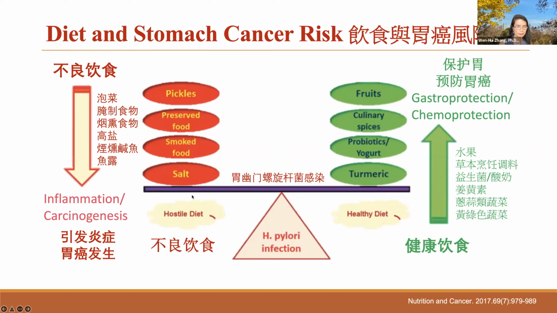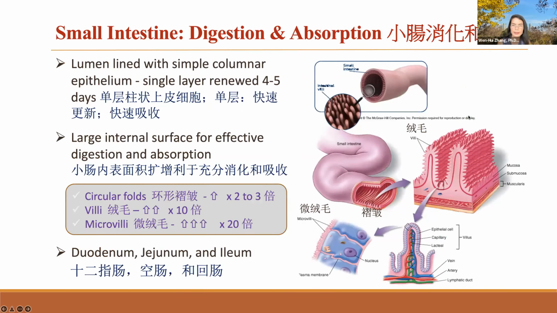They could increase the risk of inflammation and carcinogenesis, so increase the risk of stomach cancer. But when we adopt a healthy diet that includes fresh fruits and vegetables, lots of spices and fermented foods, it would reduce the risk of stomach cancer.